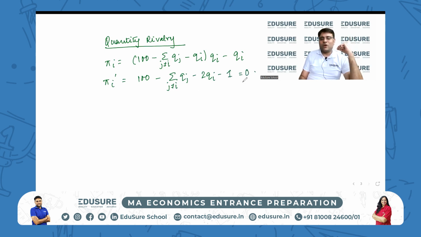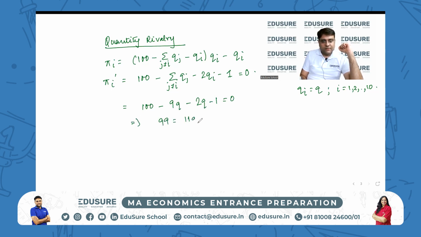Now again, I get the same equation for each and every ith firm. So I can say that qi is equal to q, where i is equal to 1, 2, up to 10. Just put it here, 100 minus, this is all the qj except qi, so 9q minus 2q minus 1.